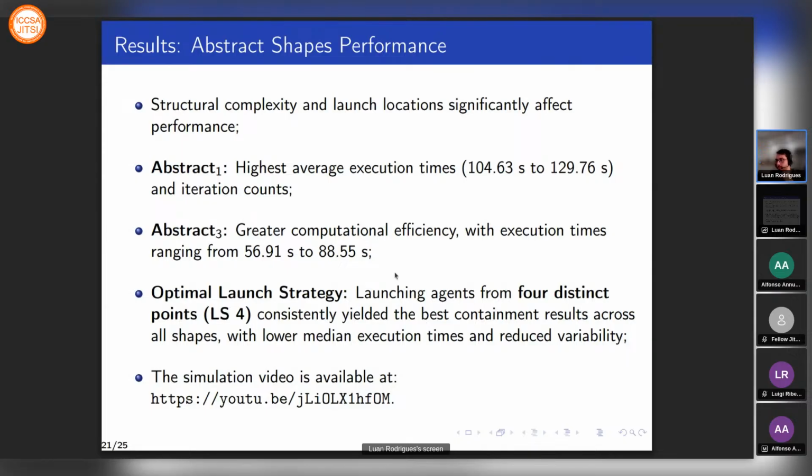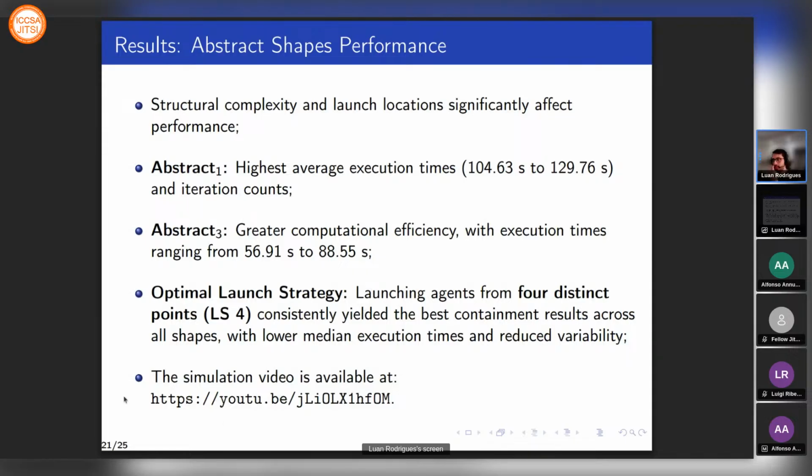The optimal launch site strategy was with 4 different locations, since the bots could divide the work in 4, so they could contain very fast.